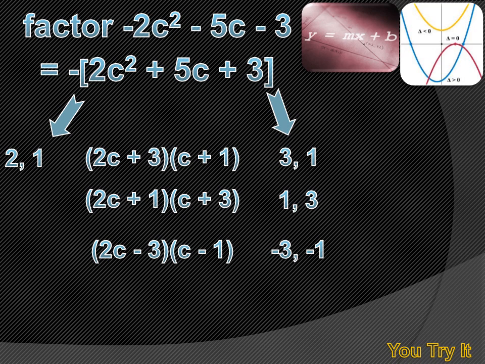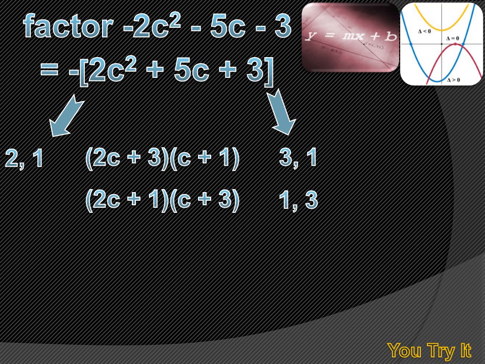Well, my outside product would be a negative number, and to that I'm going to add another negative number. So my result's going to be a negative number, not a positive number. So minus 3 and minus 1, or minus 1 and minus 3, could not be factors of this quadratic. So we don't have to consider them.